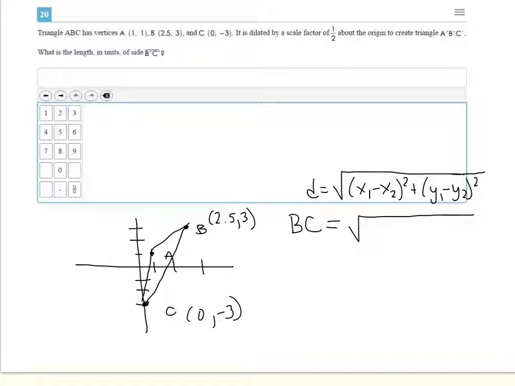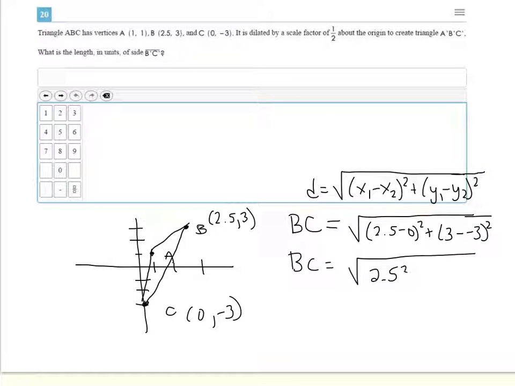So BC, if I take the difference in x, 2.5 minus 0 squared plus 3 minus -3 squared. So BC is going to equal the square root of 2.5 squared plus, 3 minus a -3 becomes plus 3, so it's going to be 6 squared.